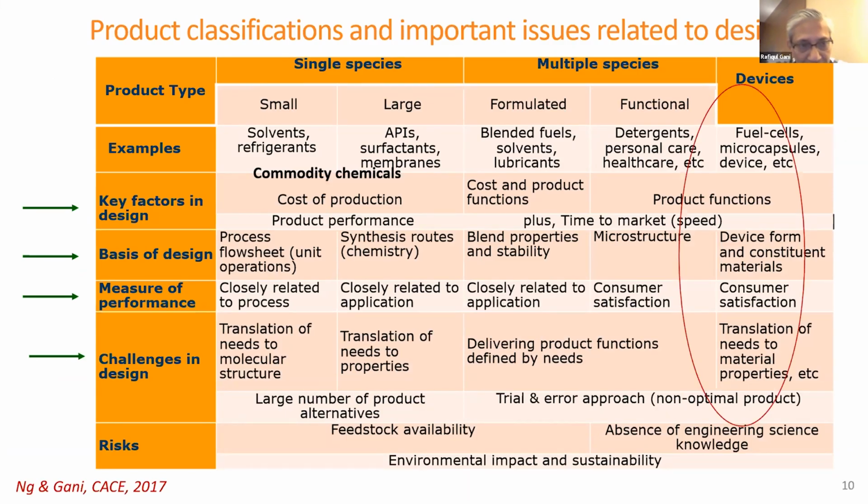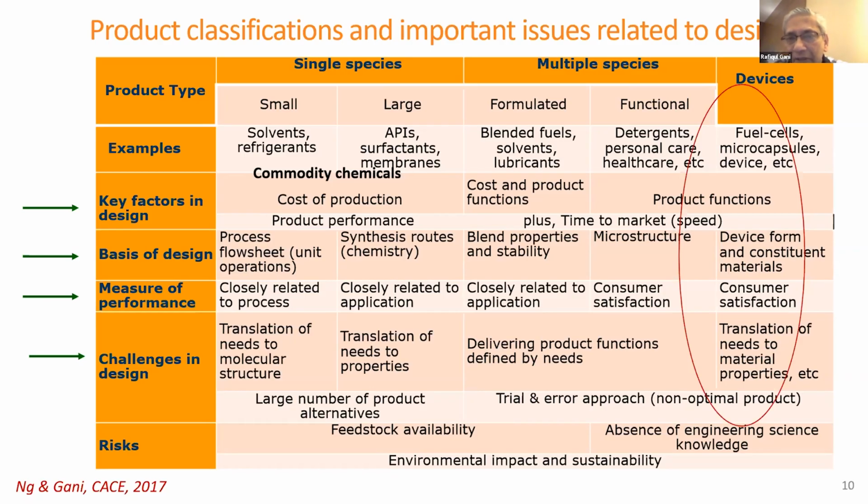What is important is, if you look at the green arrows, and let's take just one of them, the key factors of design. If it is small molecules, cost of production is very important. Product performance is very important. That is more related to commodity chemicals.